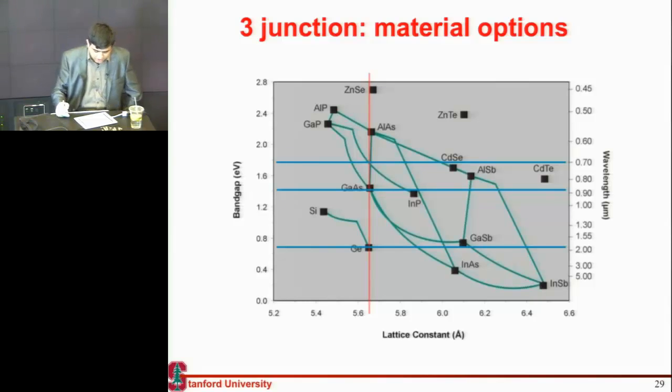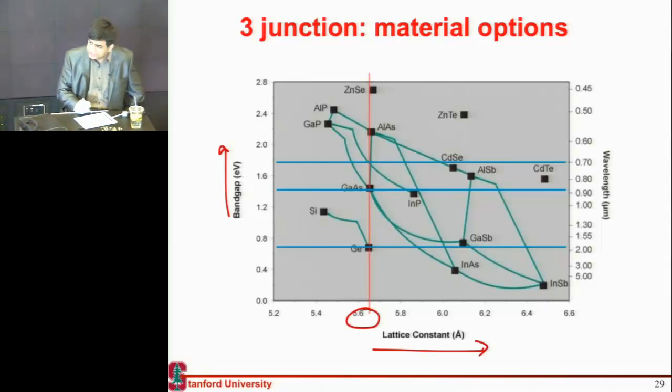So he will stare at this plot for at least a few days, and he'll try to find out where these 3 materials appear on this curve, where they have the 3 different band gaps which I need, and they also have the same lattice constant. Since you chose this solution which has 2 terminals, now I have to find materials which are lattice matched to each other, so I can grow them on top of each other. And now this is a nightmare.